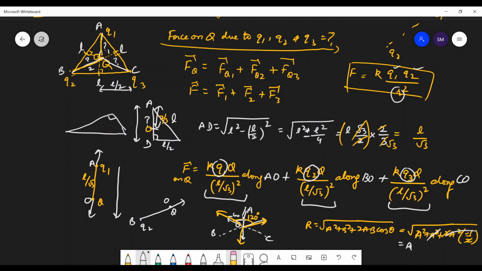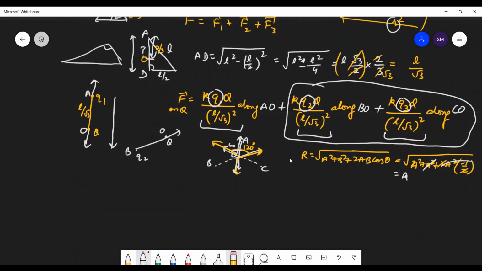Now the resultant of these two forces, along this and this, I can write as K Q, because all these are equal to Q, KQ upon L by root 3 whole square along OA.